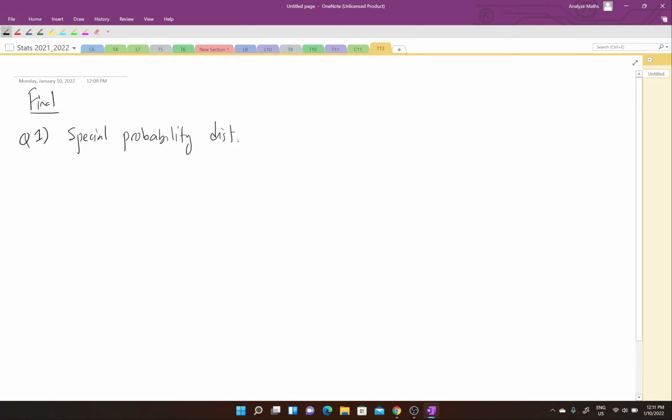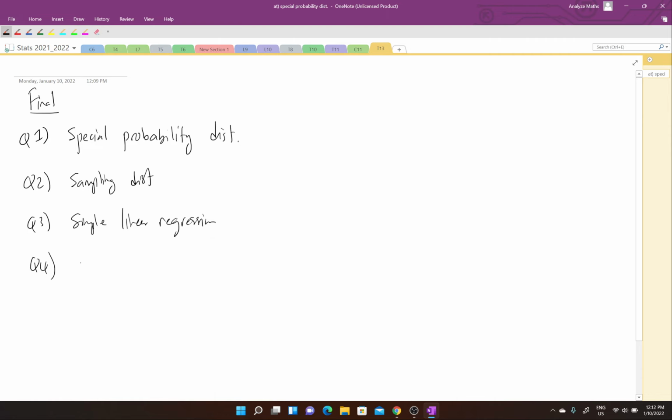Question 1 is special probability distribution. Question 2 is sampling distribution. Question 3 is simple linear regression.